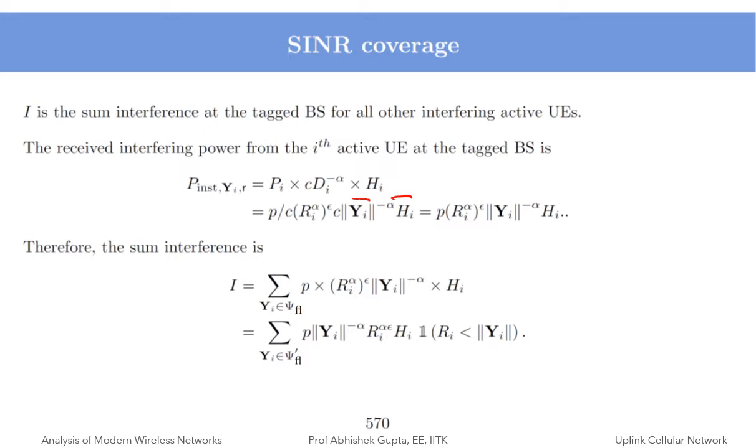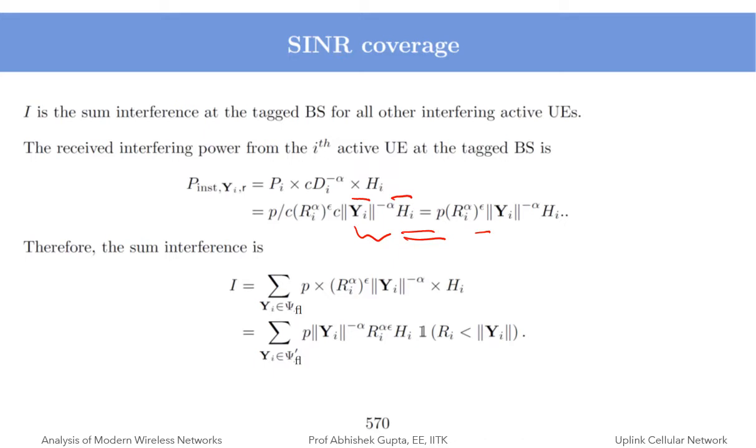And there will be C also, but that will be cancelled in the same way as we saw in the past case, and the final answer would be P Ri to the power alpha, to the power epsilon, norm of Yi to the power minus alpha, Hi. This is the path loss, this is the factor coming from the transmit power, and this is the fading.